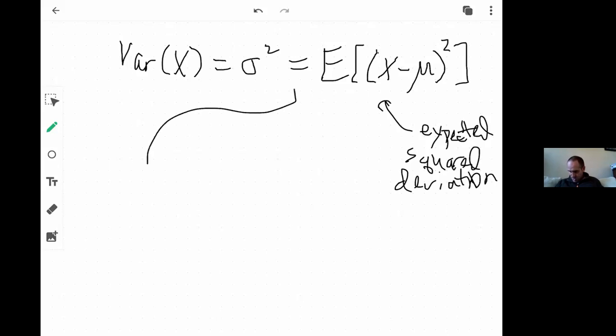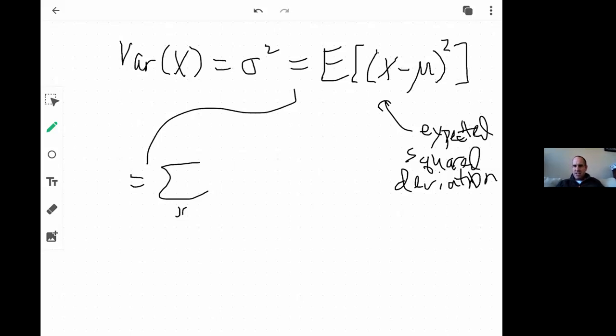So what is this? I mean, that looks strange to us, right? But look, this is like the expected value. Let me write it out. This thing is going to be the sum over all possible outcomes, little x. Now my function is no longer just x, I don't want the expected value of x.